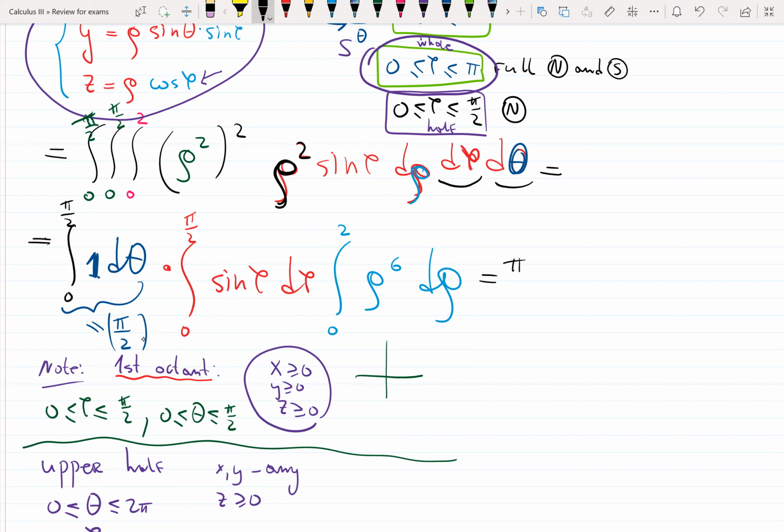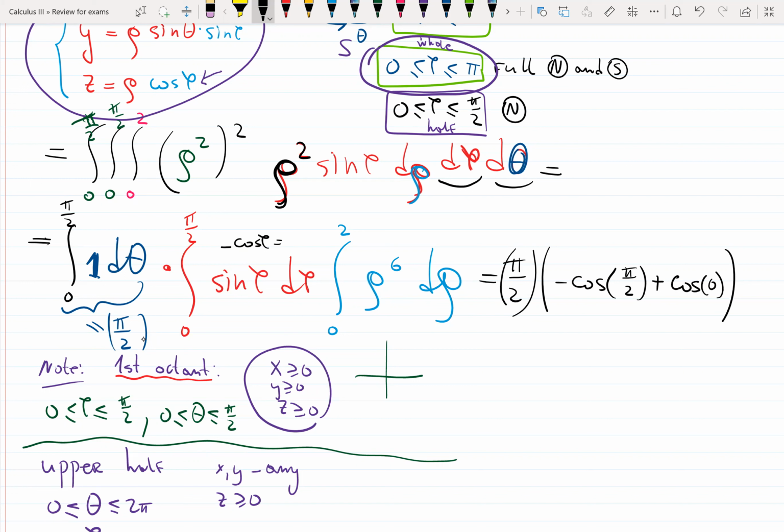So pi over 2 is the first number. Second number, integral of sine is minus cosine, plug in pi over 2 and 0. Maybe even keep it as it is. If you're afraid to make a mistake, they must accept your answer. But hopefully you remember what is cosine of pi over 2. And then plus, because minus minus cosine of 0, which is 1.